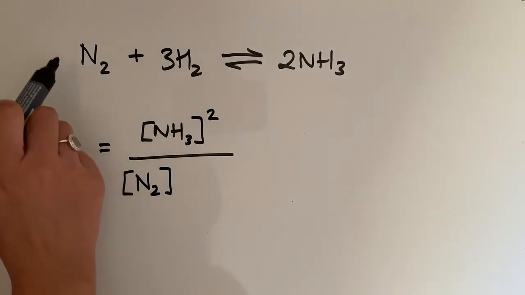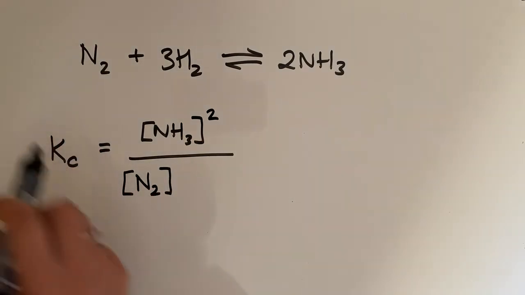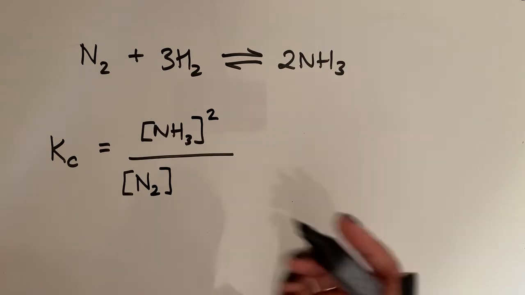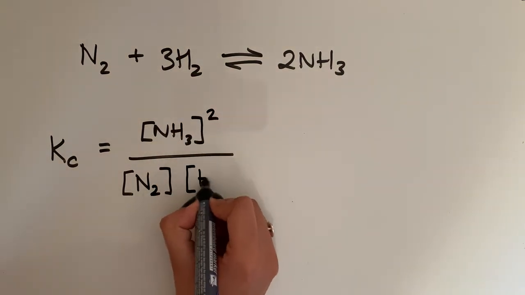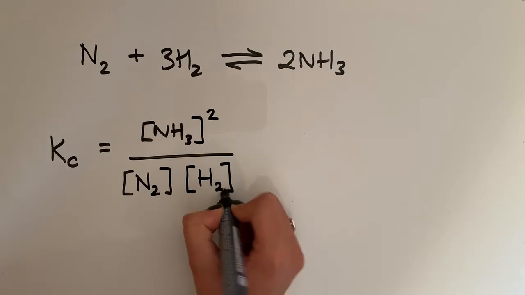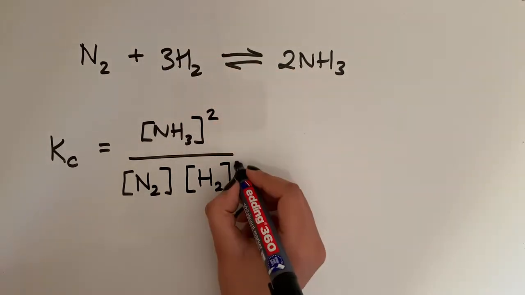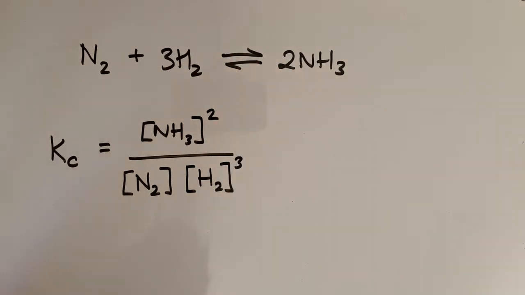Because there's no balancing number in front of there, that's just a 1, so this is raised to the power 1, which means it's just itself, multiplied by the concentration of H2, and the balancing number for that is 3, so it's to the power 3. So that is the Kc expression for the Haber process. You should therefore be able to do this for any reaction that is in dynamic equilibrium, okay?